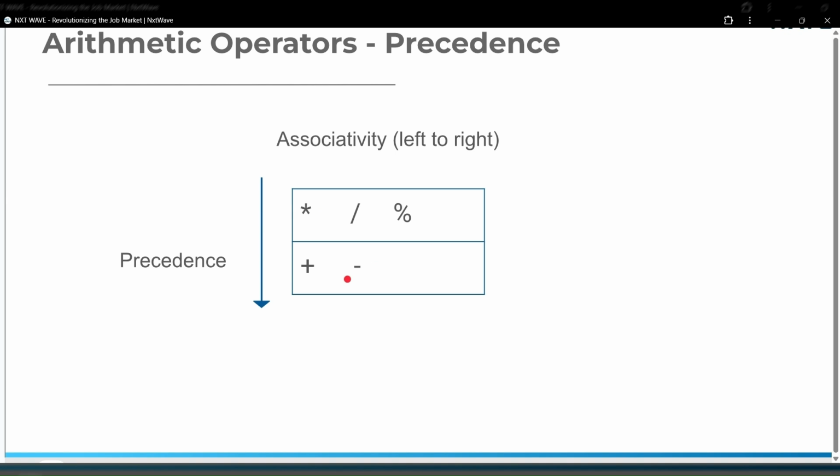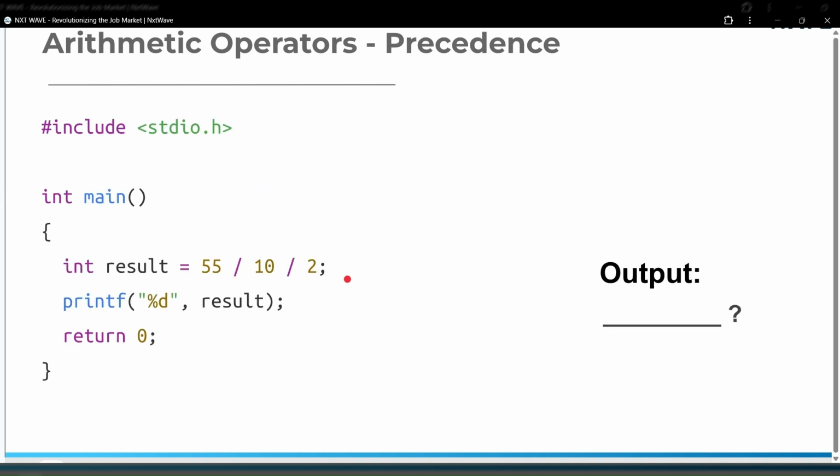Let's see some examples. Here is one example. First of all, we include stdio.h, which includes all the standard input output header files. After that, int main, because this library works with integer formats, so we use int main.